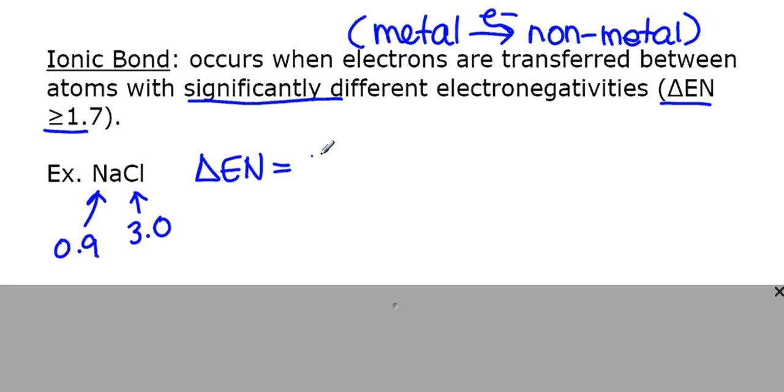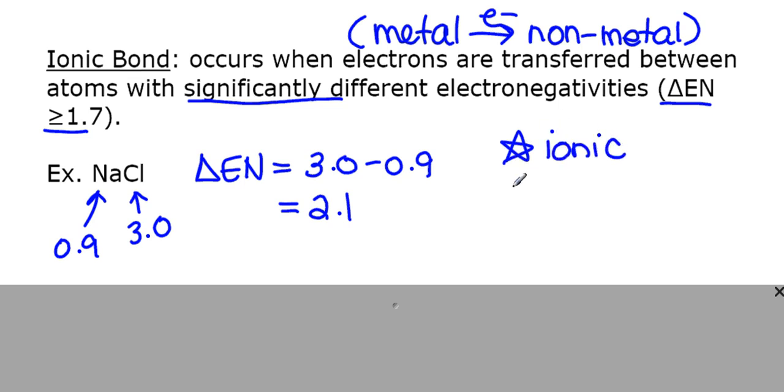So here, if we're looking at the difference, 3 minus 0.9 is 2.1, and that definitely falls within that range. Sometimes, though, there are some exceptions. Ionic bonds are actually a little bit less than 1.7, but the way you can always tell is, remember, ionic is going to be between a metal and your nonmetal.